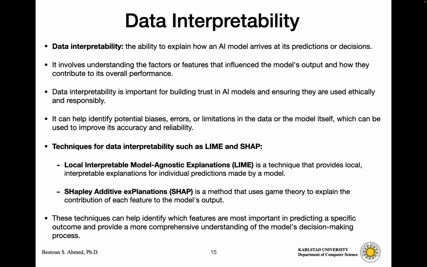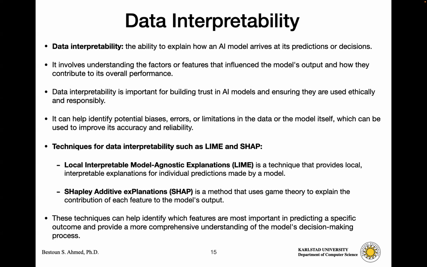Interpretability. This is the ability to explain how an AI model arrived at its prediction or decision. So understanding the factors or features is the most important thing here. You have to understand the model output, and how the data and features are affecting it.